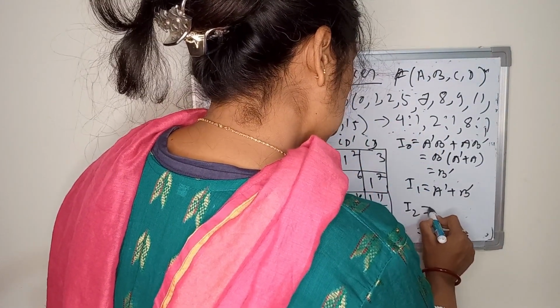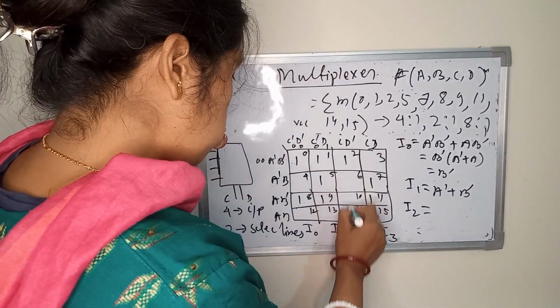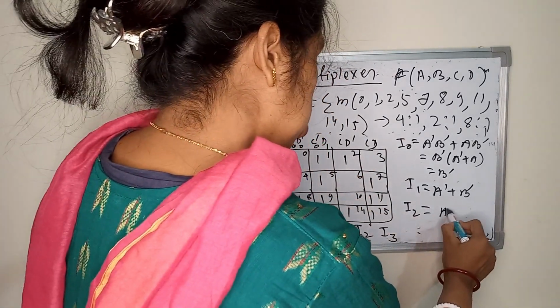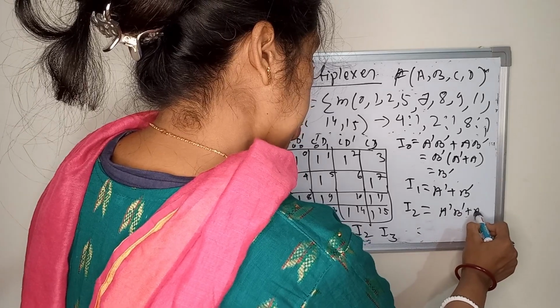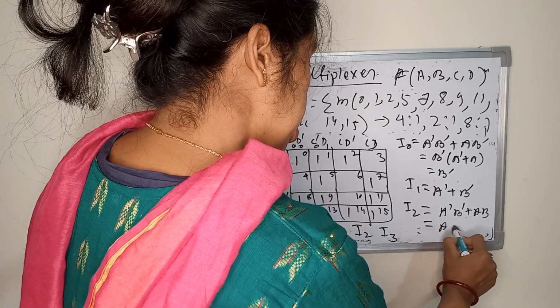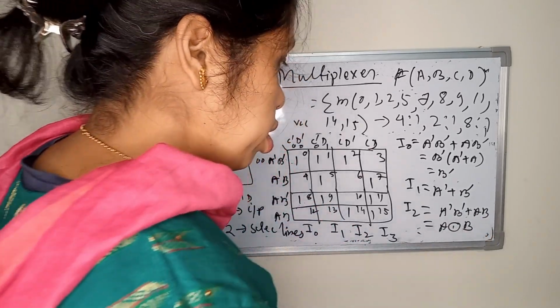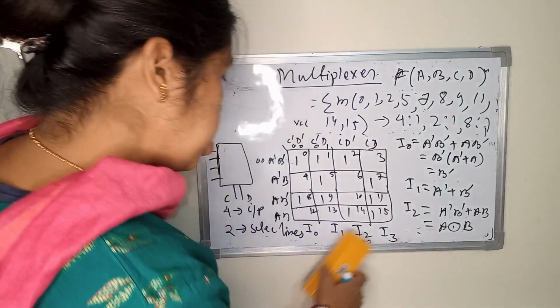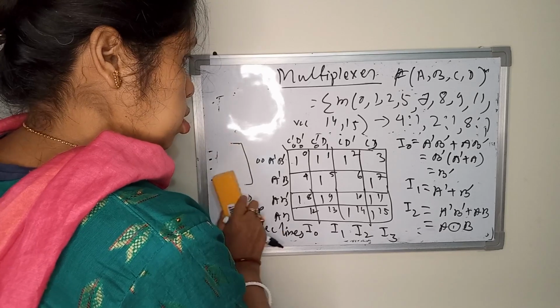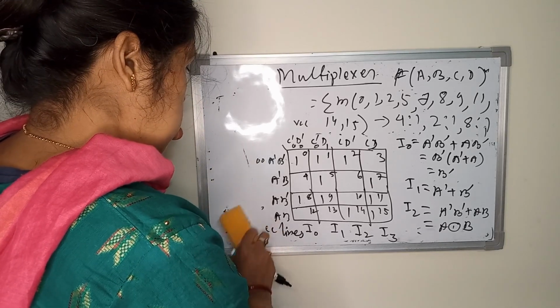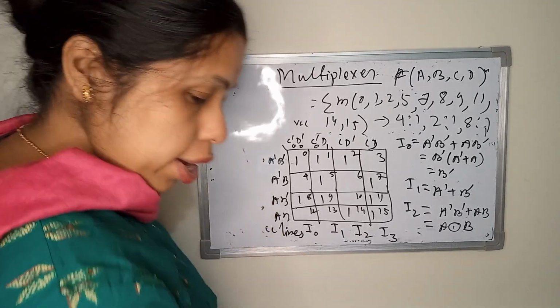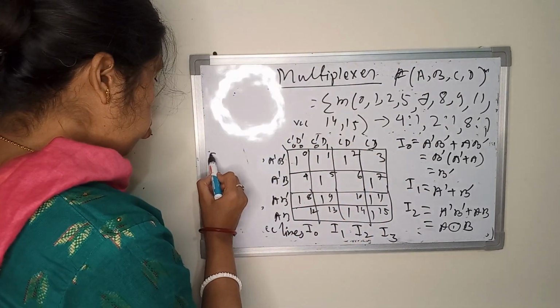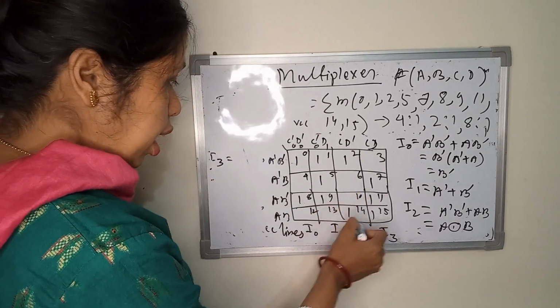Now come to I2. In I2, these two are 1. So A prime B prime plus A B, that means A XNOR B. Right? Now last is I3. I3 I am writing here. For I3, the last 3, right?